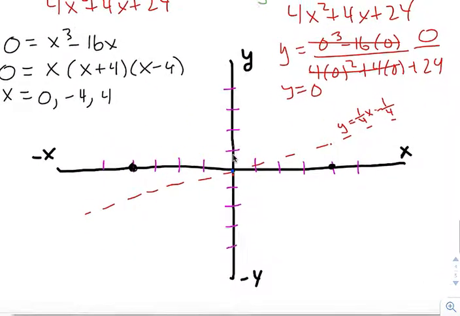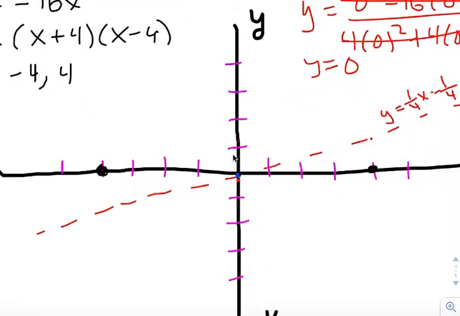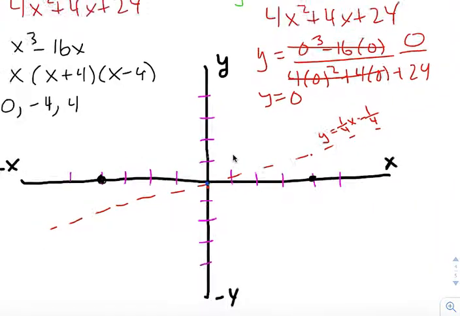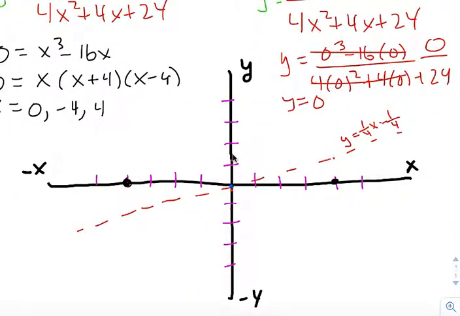So that's it. We figured out where all the crossing points are. We have the slant asymptote, which we can only cross when it crosses 0, so it's going to be very close to the origin. And then we have these x-intercepts that are going to cross left and right. Other than that, there are no other crossings, and so we should get a good sense of what our graph is going to behave like, because we know after this small window it is going to tend towards the slant asymptote.